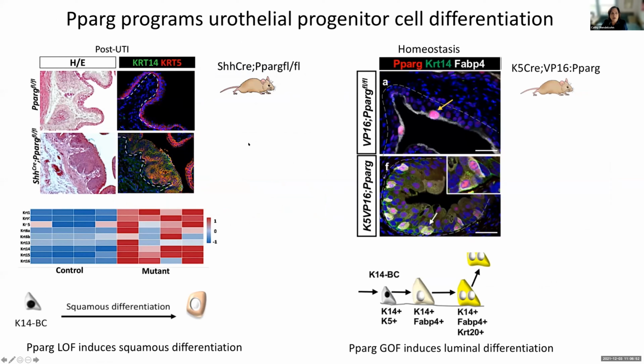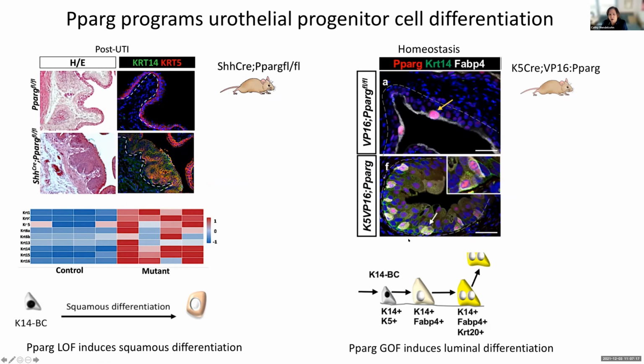and we've shown that in vivo in mice, PPAR gamma loss of function actually leads to squamous differentiation. You can see here PPAR mutants, and PPAR gain of function. For example, if you express an activated form of PPAR in K14 basal cells, it will convert the basal cells almost directly into superficial cells. You see the control superficial cells on the top, basal cells on the bottom.